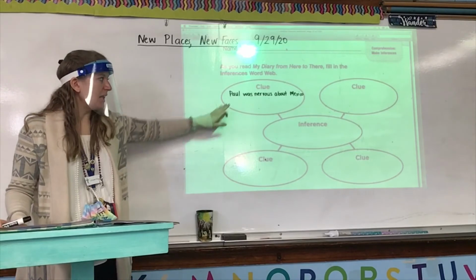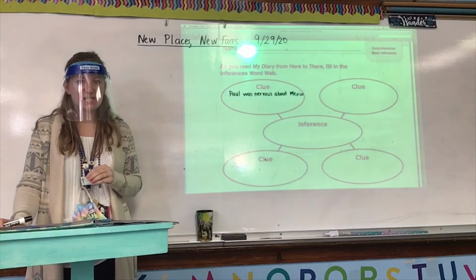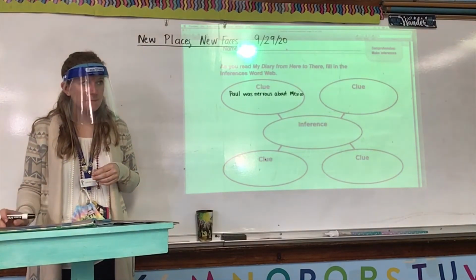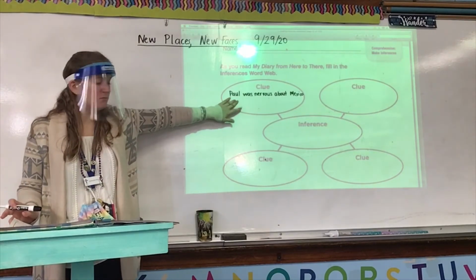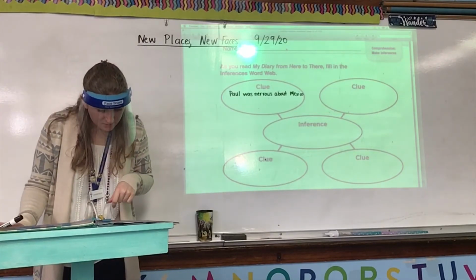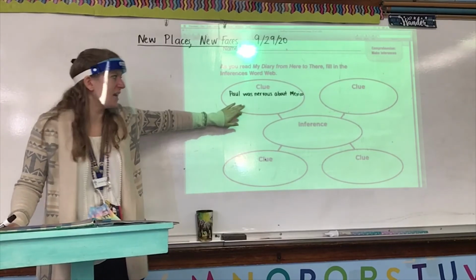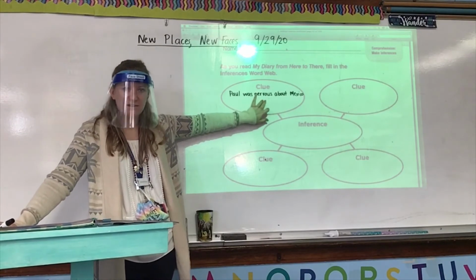No. He was nervous, but what else do those first two paragraphs say about Paul's reaction to this move? Zadie? He was sad. Well, he was nervous. Doesn't really say sad, but we could probably infer. But what else? So that's kind of the same feeling. Nervous. Usually if you're nervous, you might also be a little sad.